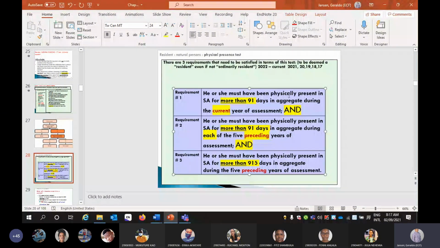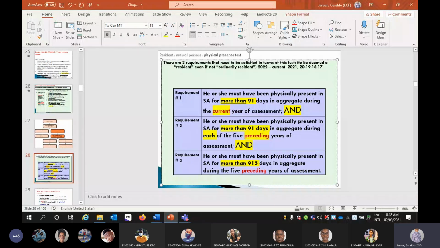So these days that you've just calculated, remember you must first see whether it is more than 91 days in each of these years. Then as a last step, we add those days together for those 5 years, and it should be more than 915 days in total during the 5 preceding years of assessment. And if all of these are met, then that person will be a resident for tax purposes.